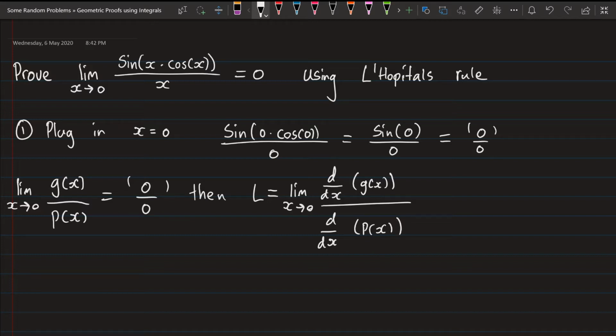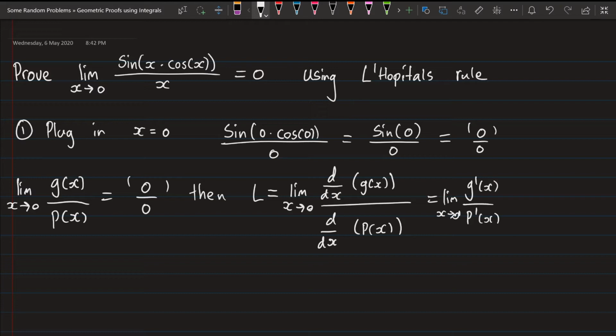But you have to note that this means at this particular point on the function, if you wanted to say this point is this exact value, you have to say that, well, the limit is this, but it's actually discontinuous at this point. Okay? So in that case, we get g prime of x over p prime of x, and that is the limit. We're still evaluating the limits.